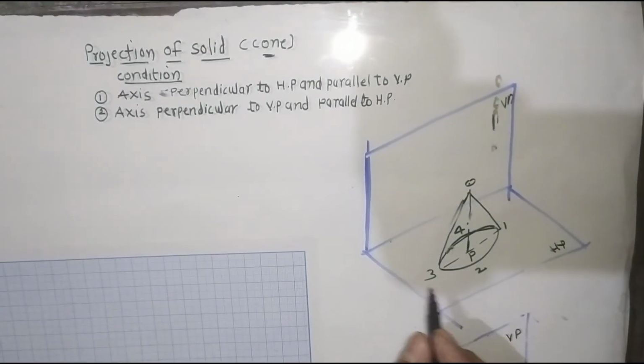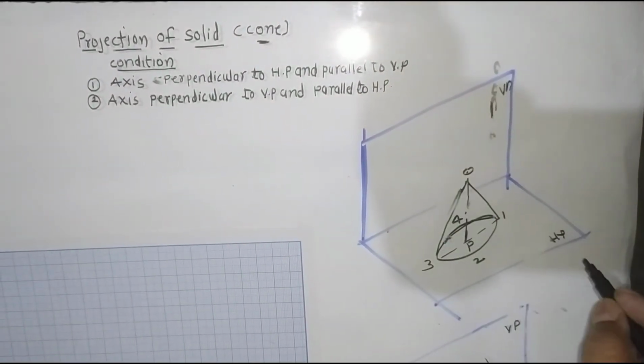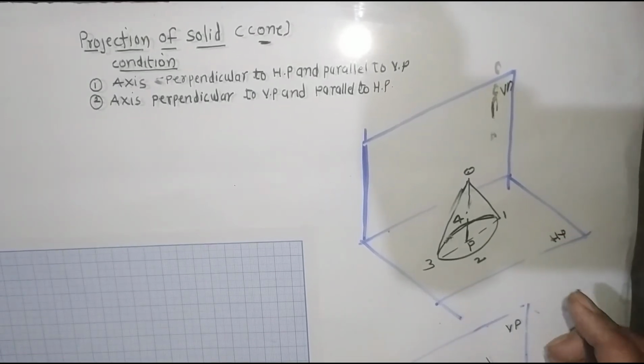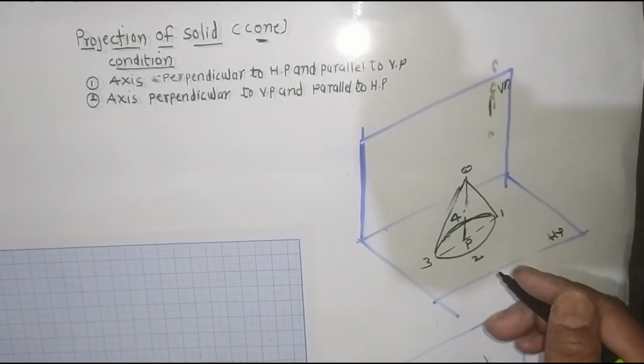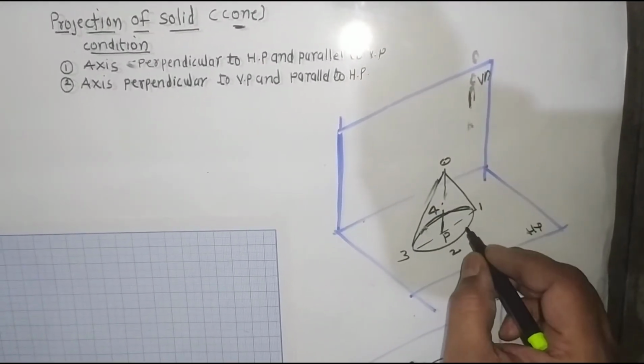In the first condition, we will observe here the HP and VP in three dimensions. The cone is kept on its base on HP. Now the axis OP is perpendicular to HP.